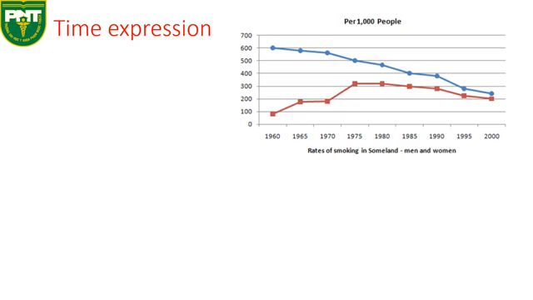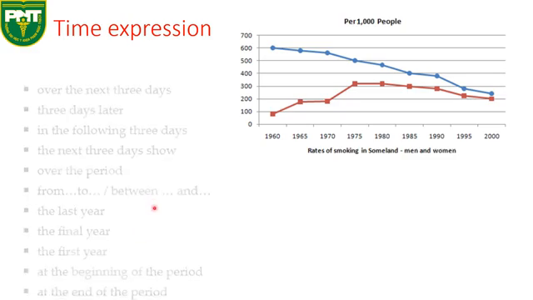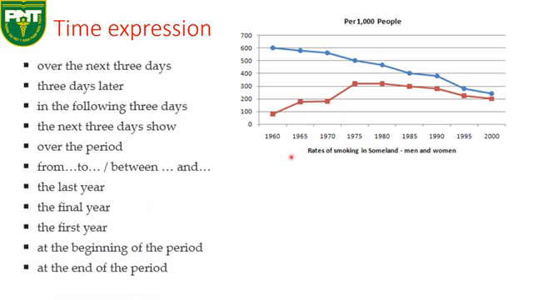Because a line graph always expresses a trend or some trends, we need to pay attention to the time expression. We can split the lines here into some phases: some phases with the upward trend, some phases with fluctuation, for example, or the downward trend.